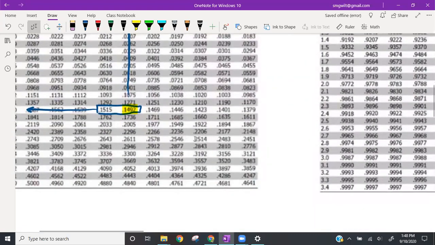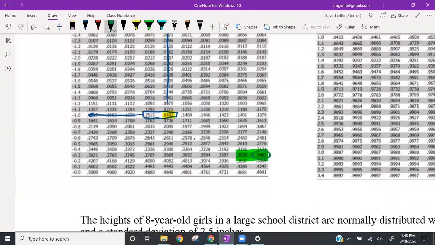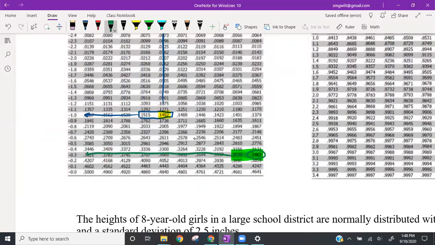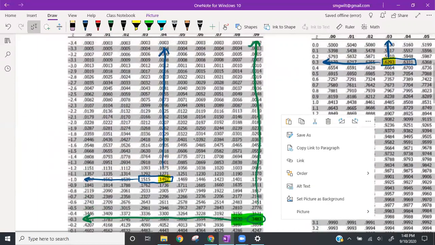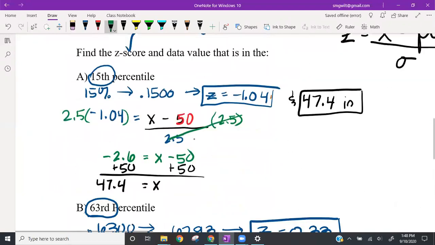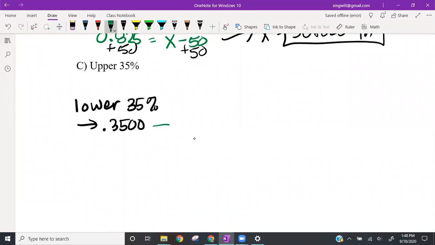So that would be, let's see, 0.3500, the closest thing to that would be here. And so that's going to be the value 0.3483. So if I look at the z-score that gives me, it is negative 0.39. So that represents the lower 35%.